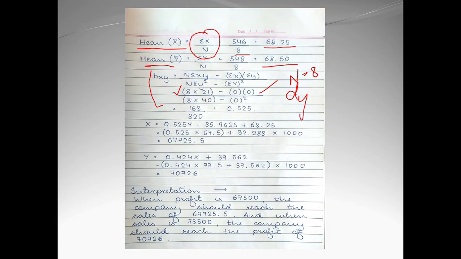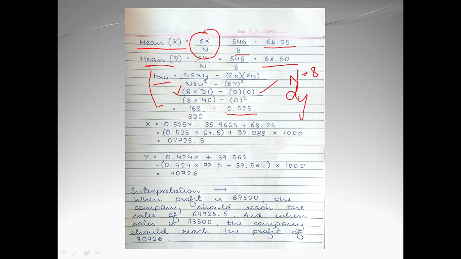So we have written 40 over here minus the summation of y, that is dy is 0, as we have written above this, and we have to take it whole square. So the 0 square is 0. So it doesn't change. Now after solving this, we got 0.525 as our bxy.